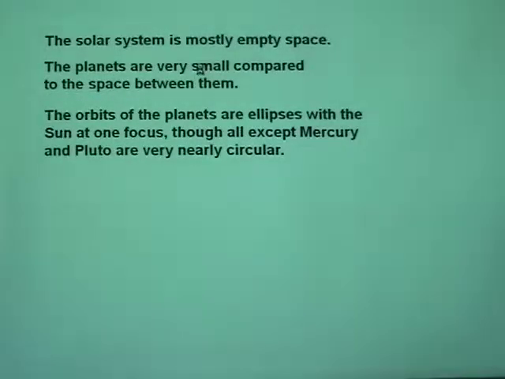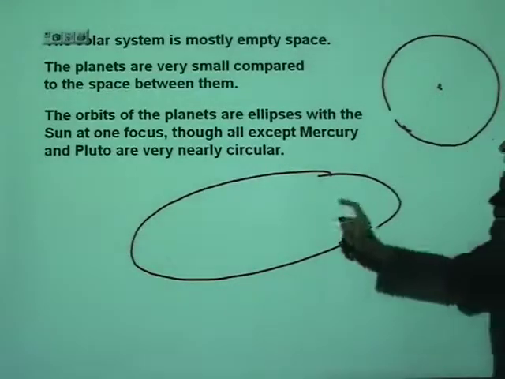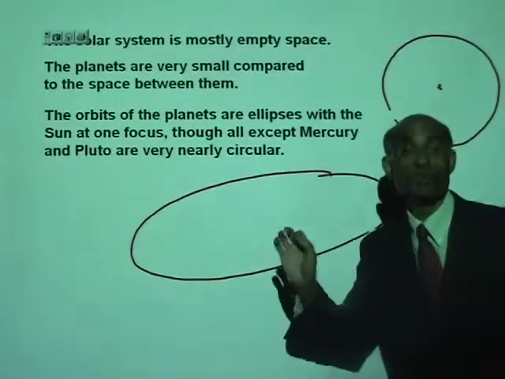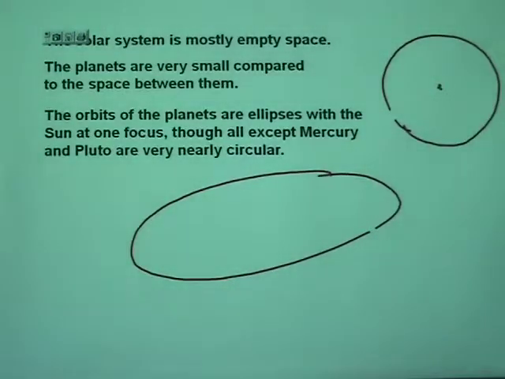An ellipse is actually an elongated circle, and whereas a circle has a center, an ellipse has two foci. Focus, the plural is foci. There is one focus here, another focus here. Now, if this is planet Earth, then the sun is at one of the foci.